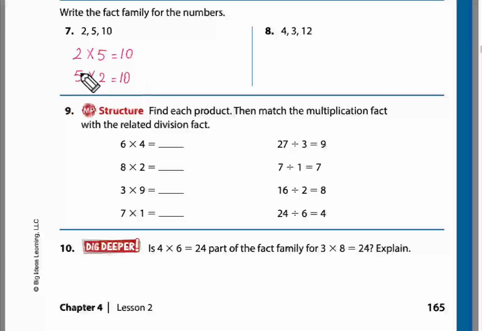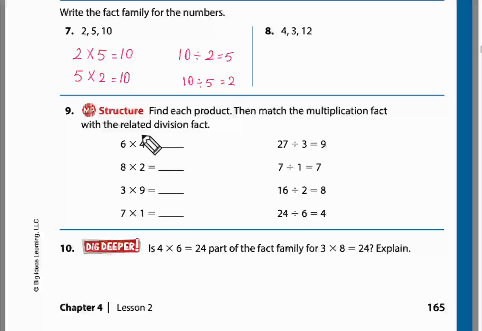So as you see, we can change the order of factors. And the 2 division equations, remember, you use the dividend first, and the dividend is the total. So it's 10 first, then divide by any of the 2 numbers. 10 divided by 2 equals 5, and the other one is 10 divided by 5 equals 2.